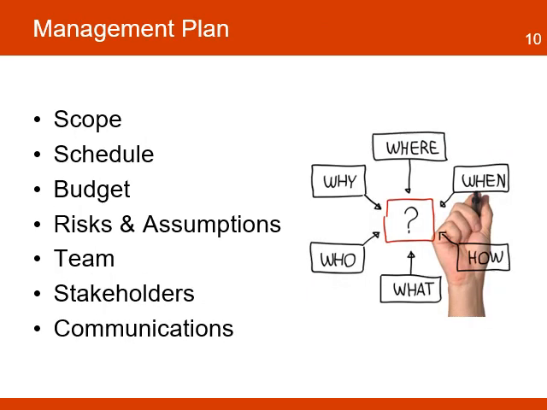The management plan focuses on the management of the delivery of the project intervention activities. This plan will include sections to help manage the project scope, manage the budget, monitor and respond to risk events, manage changes in assumptions, build the project team, manage the relationship with the stakeholders, and manage the project communications.